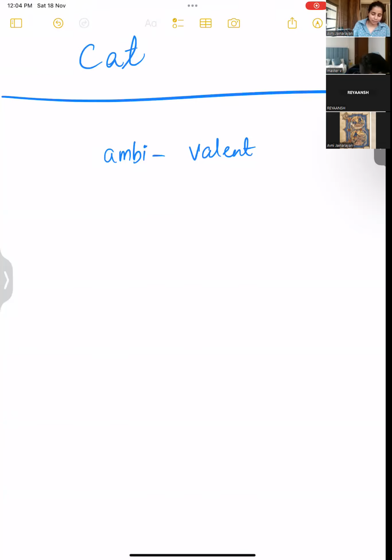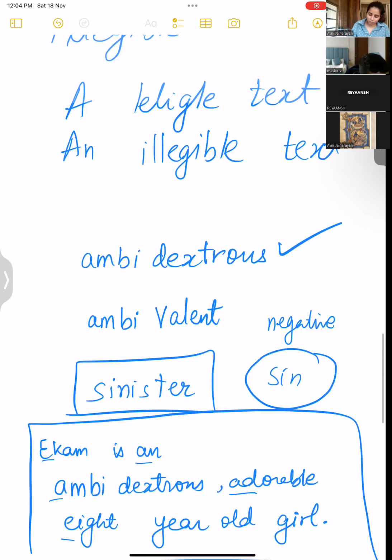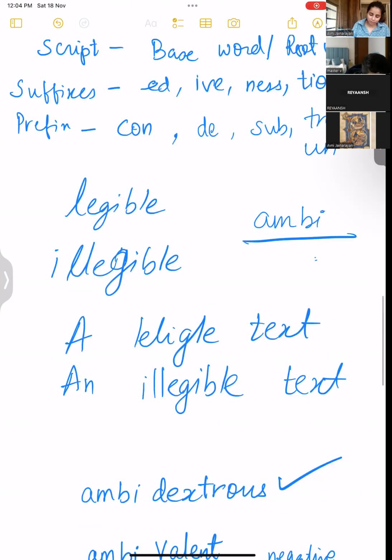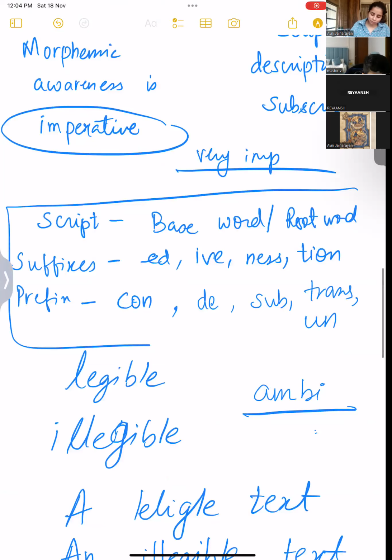My first question is, since I have written over here, this is the word that we are focusing on. Script is the base word. Make another word with the prefix un.